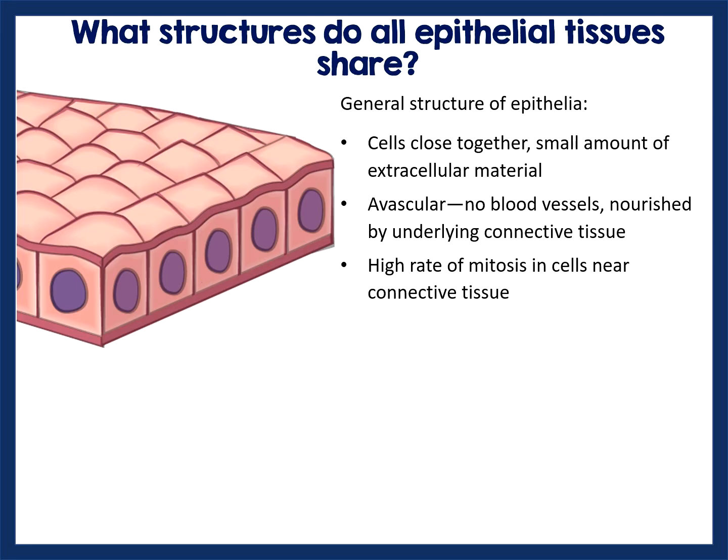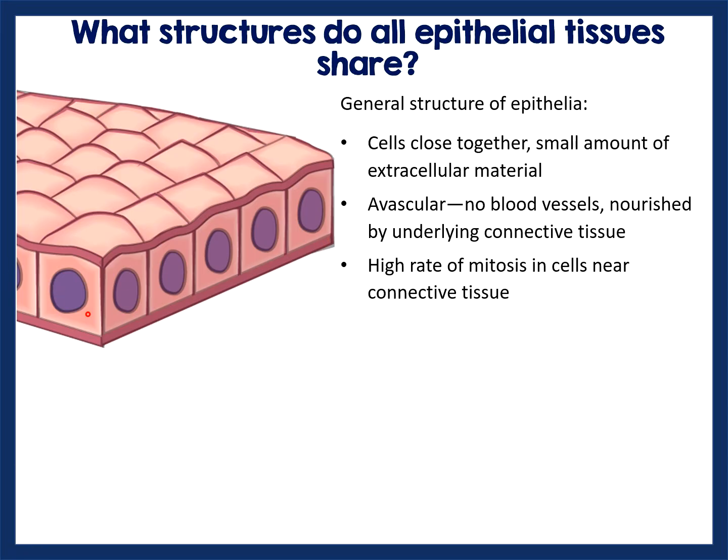These cells are also going to have a high mitotic index, or high rate of mitosis. And typically the cells that are going to be doing mitosis are found in the bottom layer of the tissue, because that's where the nutrients are coming from, that underlying connective tissue layer.